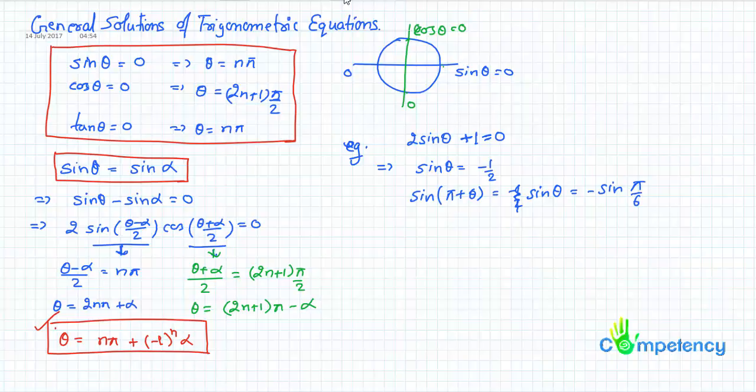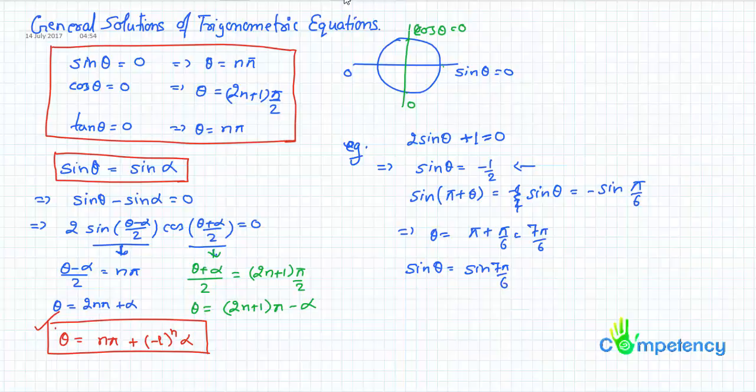So this is the common value. That means this theta is nothing but pi plus pi by 6, or 7 pi by 6. So this particular equation can be rewritten as sine theta equals sine 7 pi by 6.